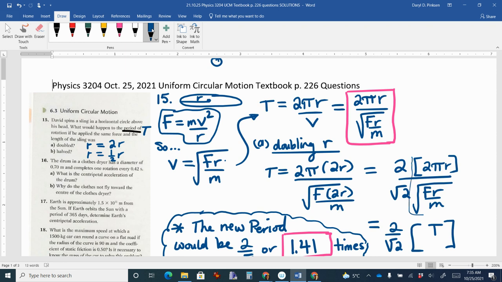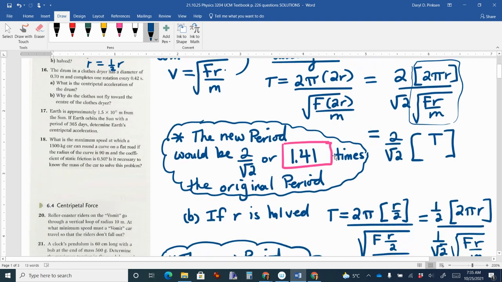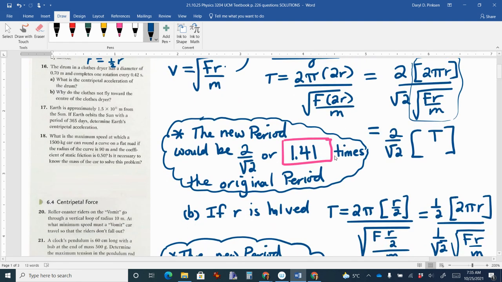So that's the original period, and we've taken out 2 over root 2. If you divide 2 by root 2, you get 1.41 times the original period. That's how it's going to change if you double the radius.